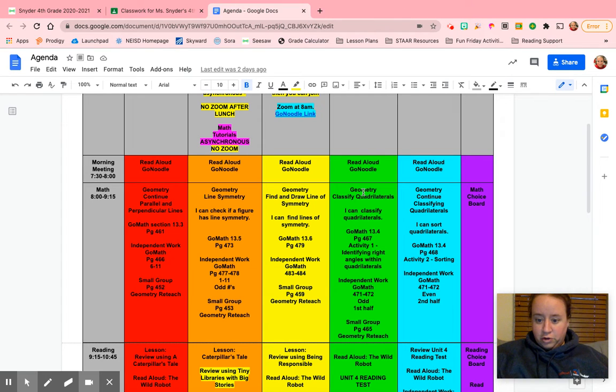All right, in small group today, we went back over some of these pages. So all of these parts right here where it says geometry reteach, geometry reteach, geometry reteach, make sure that you have gone back over those. That's everything that we've covered so far.